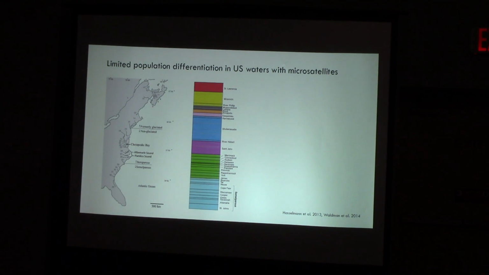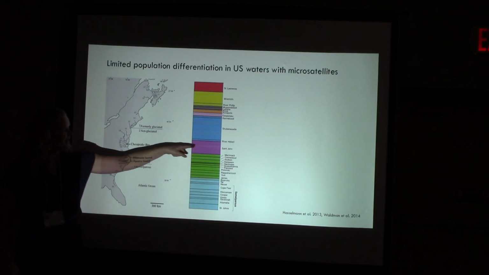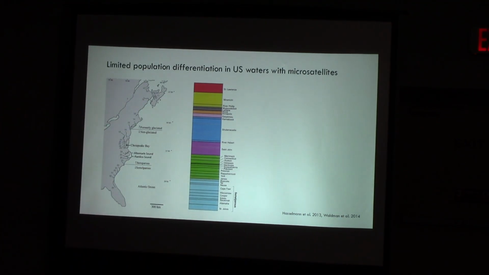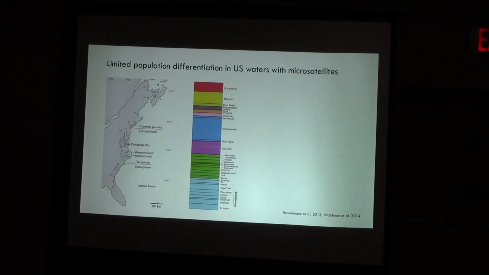Unfortunately, earlier efforts to develop genetic assignments were met with some mixed success. So a really impressive study led by Dan Hasselman and colleagues published in 2013 had genotyped shad from 33 different populations. And the result I pulled out here is the result of a genetic clustering analysis where each of these tiny little lines represents an individual fish colored by its inferred genetic ancestry.